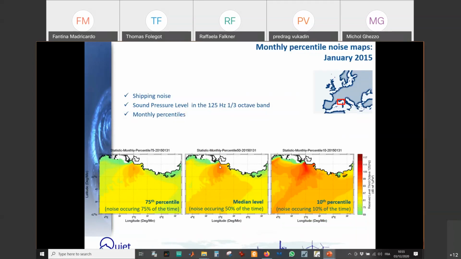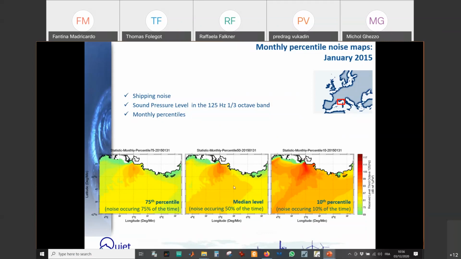If you look at the median level, the signature of the Marseille harbor has disappeared, because Marseille harbor has less traffic than the Fos-sur-Mer harbor. But half of the time, you still have anthropogenic noise here, just due to the traffic at the mouth of the Fos-sur-Mer harbor. You can even still see it a little bit at 75% of the time, but with much lower levels.